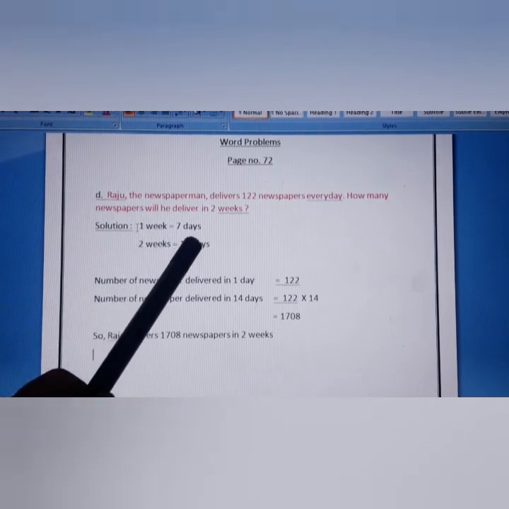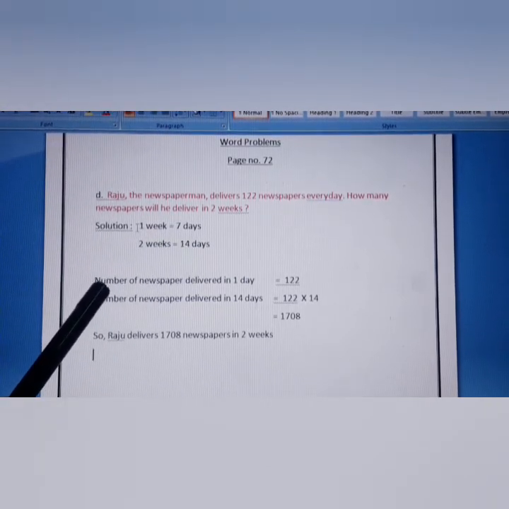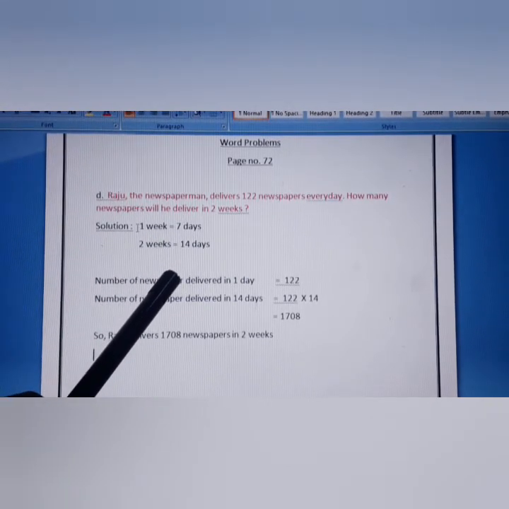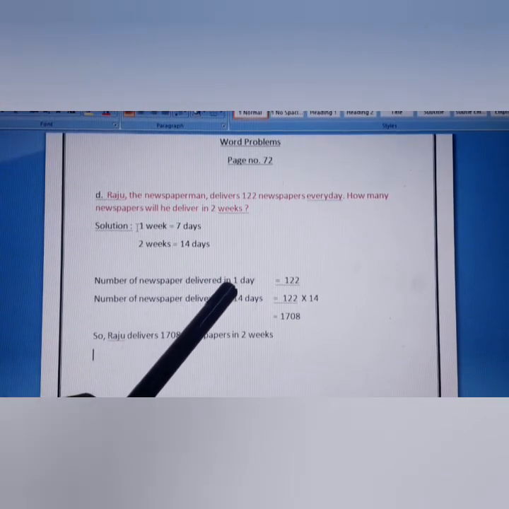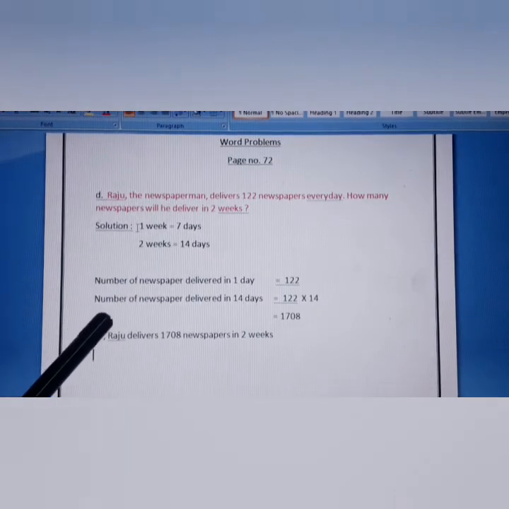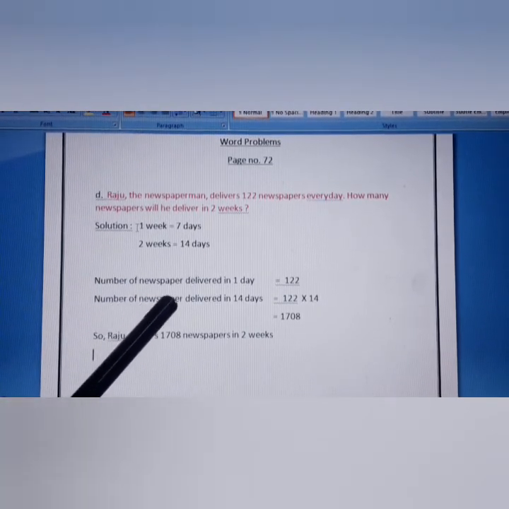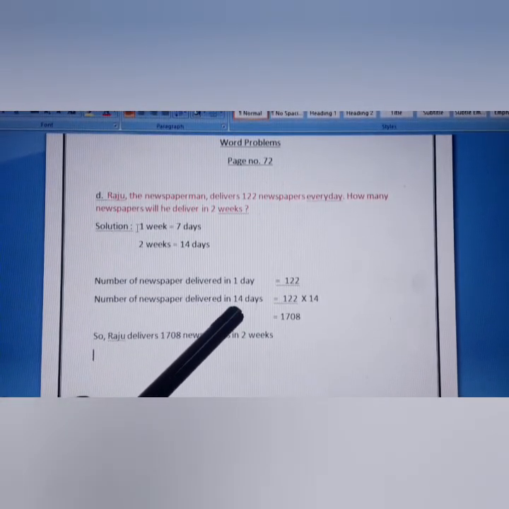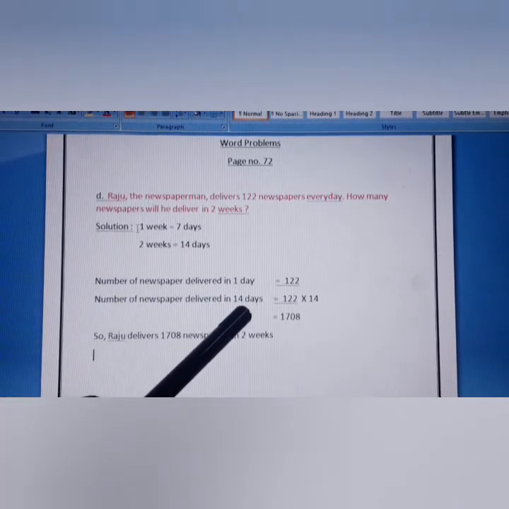So 2 weeks means 14 days. Now how can we write number of newspapers delivered in 1 day? 122. The next statement will be number of newspapers delivered in, below 1, what will come? 14 days. That means 2 weeks.